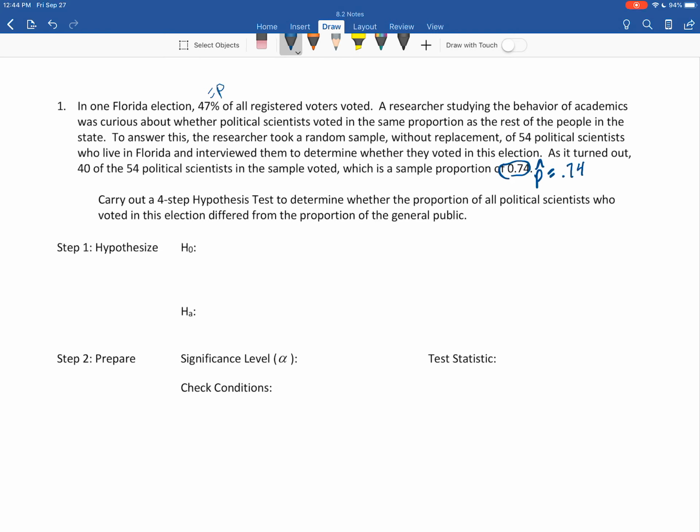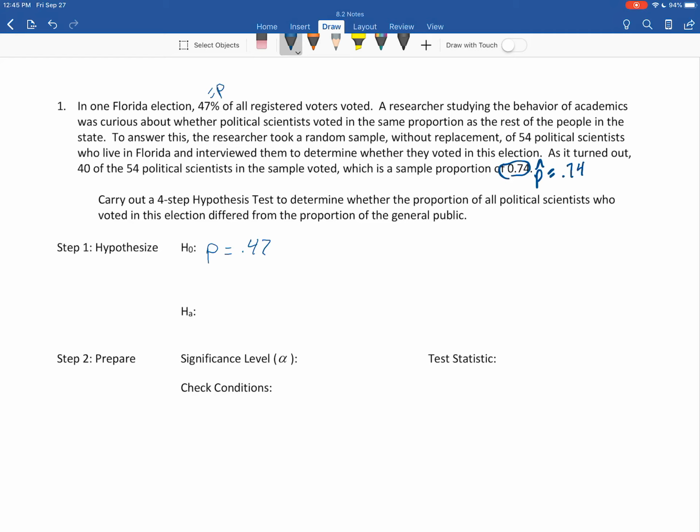Okay, so let's state our hypotheses. We need to state our H0 and our H alternative. Again, our H0 always has to be the default position, that nothing exciting is going on and that nothing has changed. The H0 is the boring one. So what would be really boring here is if the percentage of political scientists was exactly the same as the rest of the population, if it was still 47%.